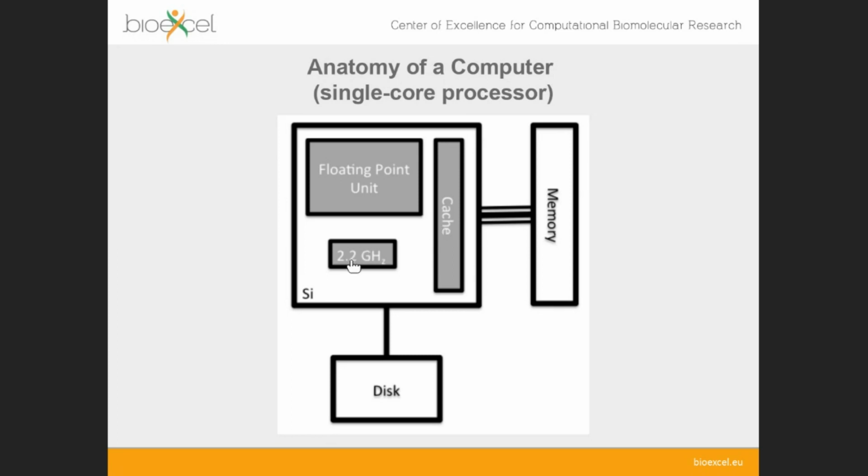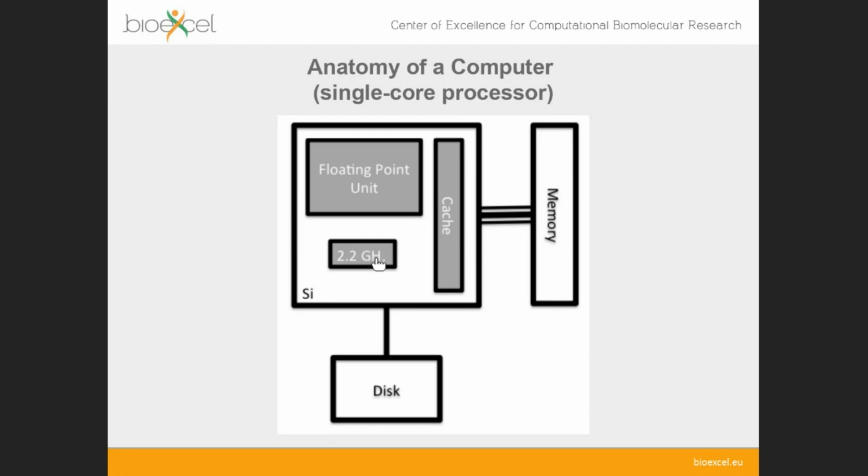And indicated here, 2.2 gigahertz is a frequency, because processors operate according to a clock. What processors do is execute instructions, because ultimately all software is instructions, and they do this according to a clock.